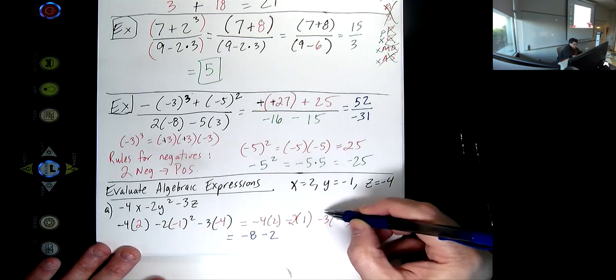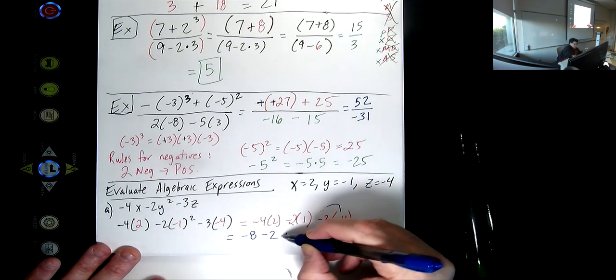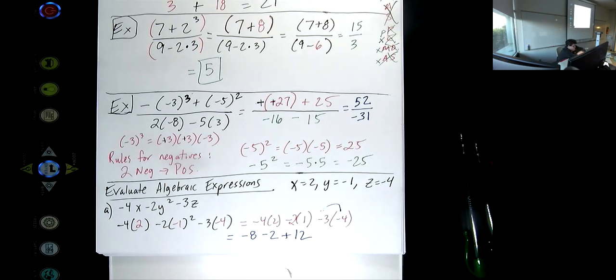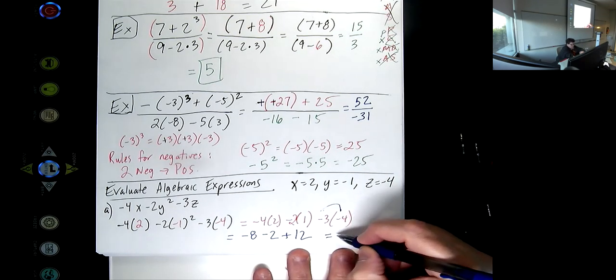There's two negatives, so they cancel out and make it plus. 3 times 4 is 12. And then if I go left to right, -8 minus 2 would be -10. And -10 plus 12 is +2.